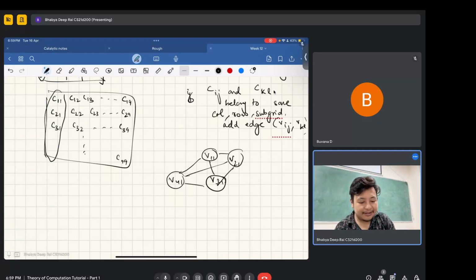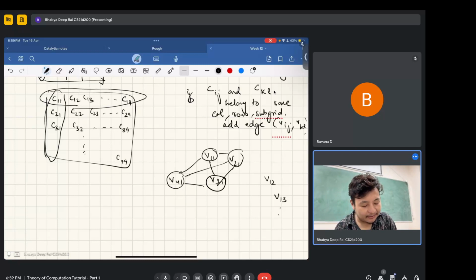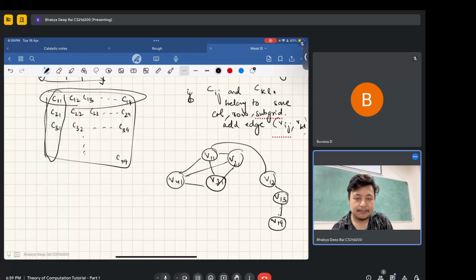And not only that, for example C12, so V12, V13, these guys, and so until V19 will actually share edges among them, and also with V11. And similarly, this particular grid will also share edges among its vertices, and so on.